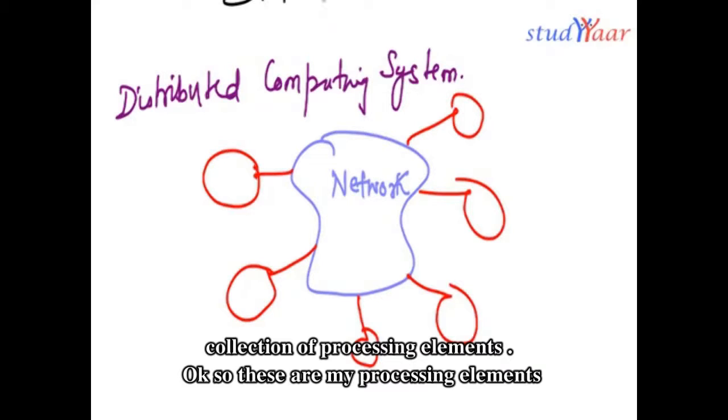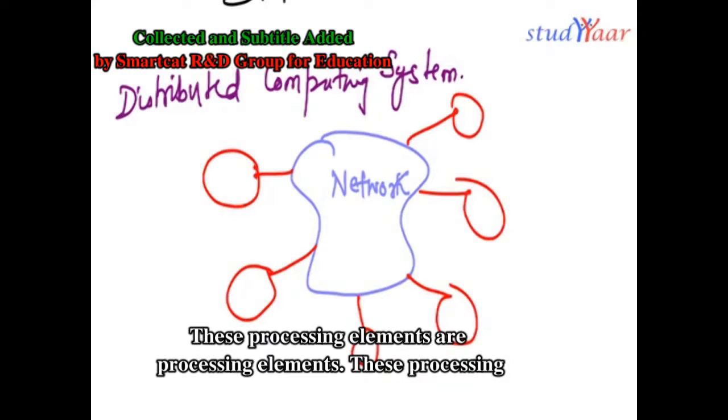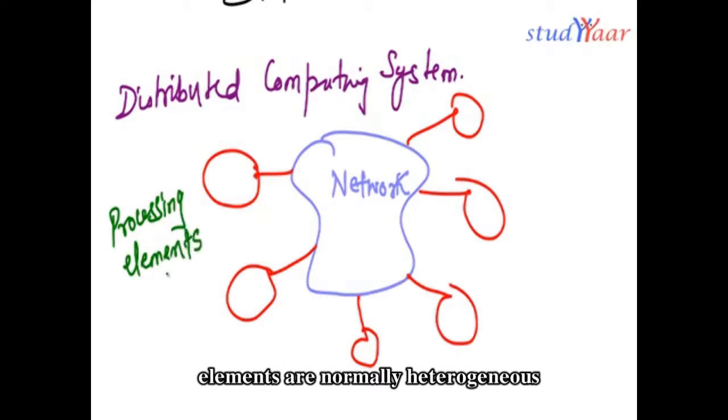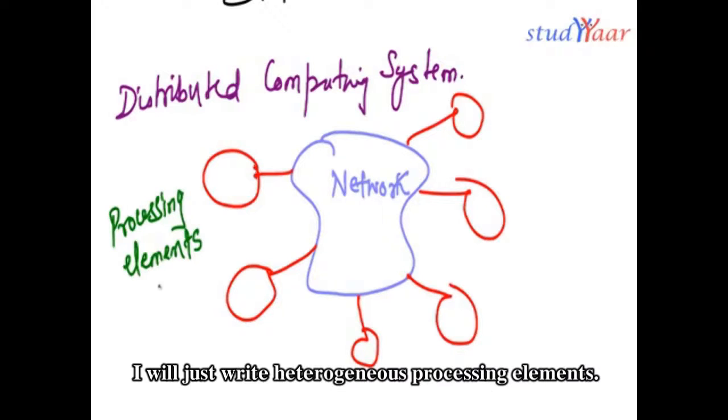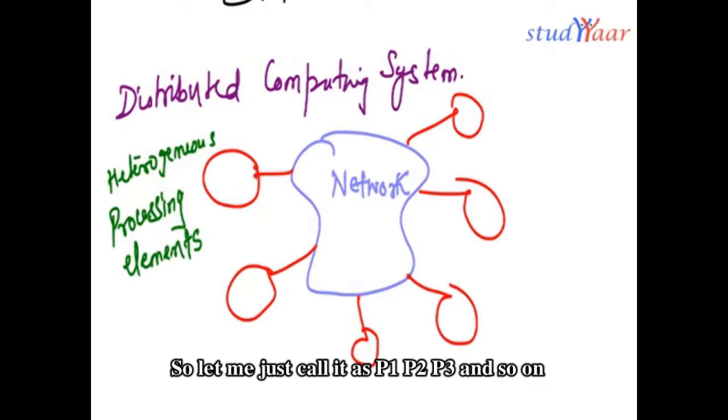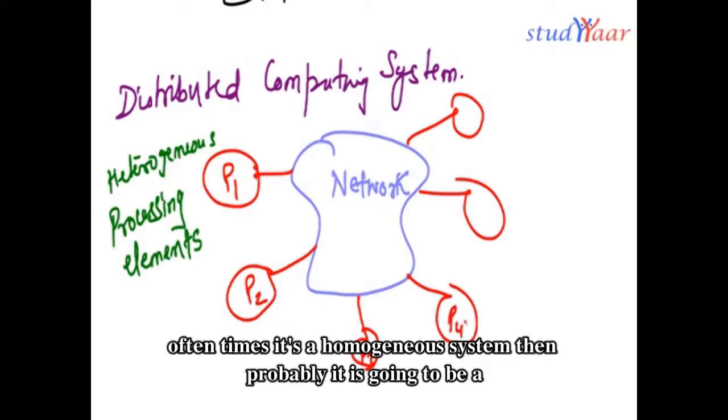These are my processing elements, and they are normally heterogeneous. Let me call them P1, P2, P3 and so on.